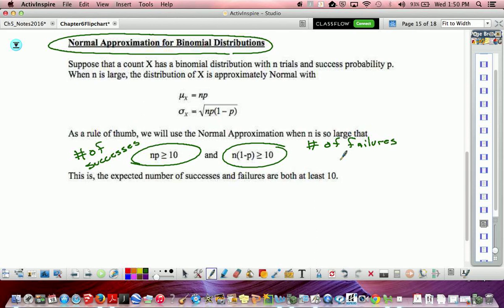If that's the case, then you can actually use the normal curve to estimate a binomial probability.